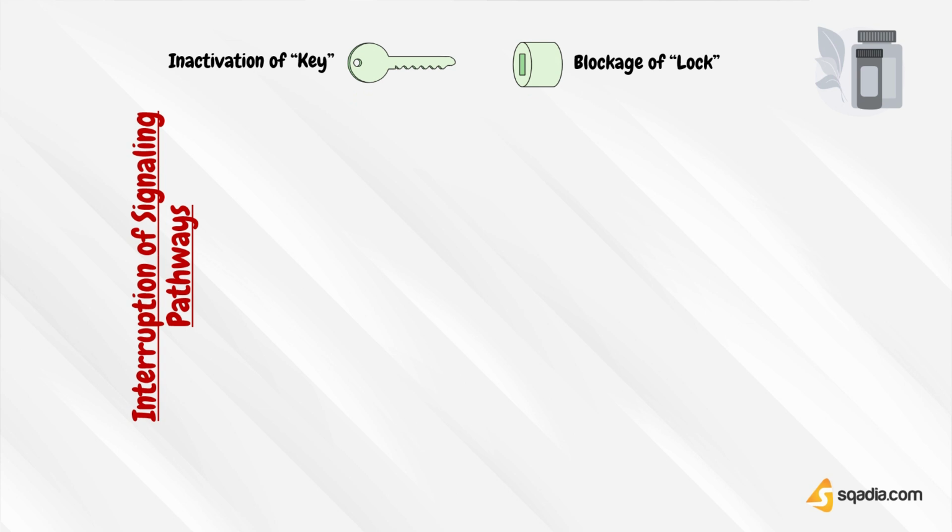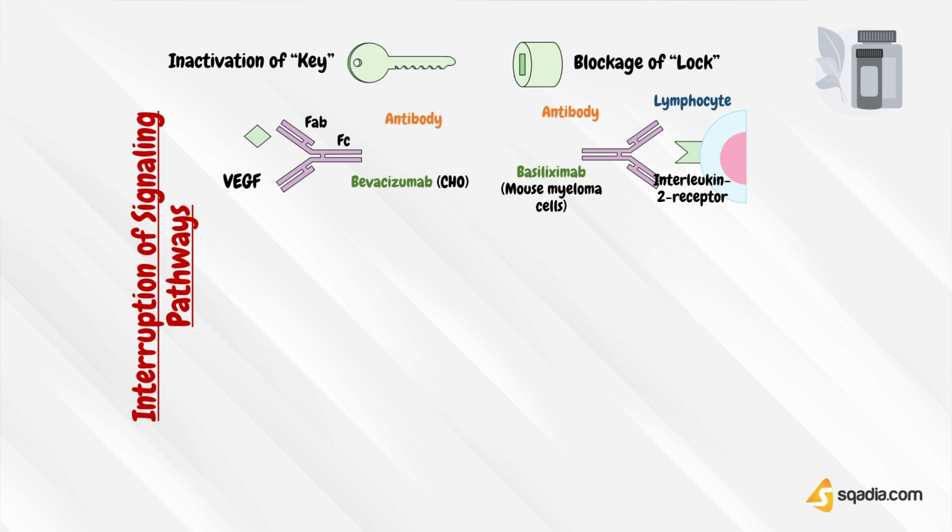Protein constructs are engineered molecules that can be designed to interfere with specific signaling pathways in the body for therapeutic purposes. These constructs can be used to block or inhibit the activity of proteins that are involved in disease processes, such as vascular endothelial growth factor in macular degeneration or interleukin-2 in organ transplant rejection.